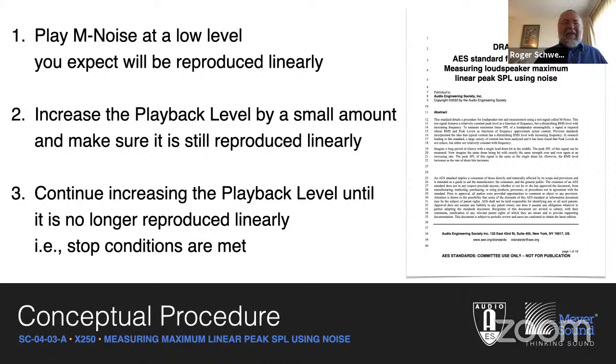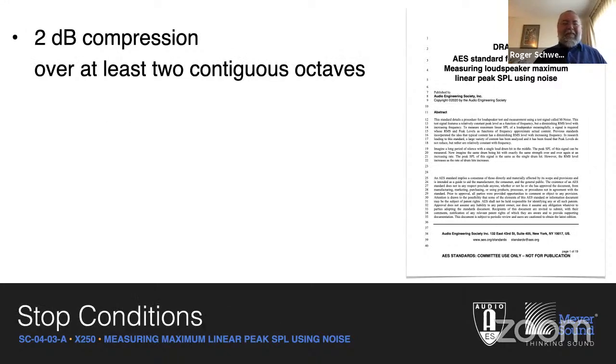But really, in essence, it's these 3 steps. Play it at a low level, and then turn it up a little bit and confirm that it's linear, and then keep turning it up until something goes wrong. That's really the essence, and we think that that's a pretty universal thing that can be independently verified. Thank you, Roger.